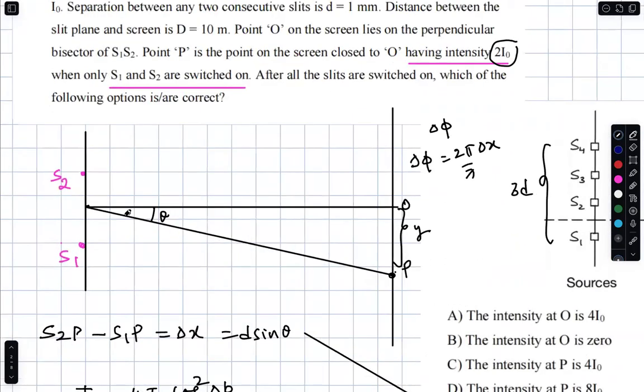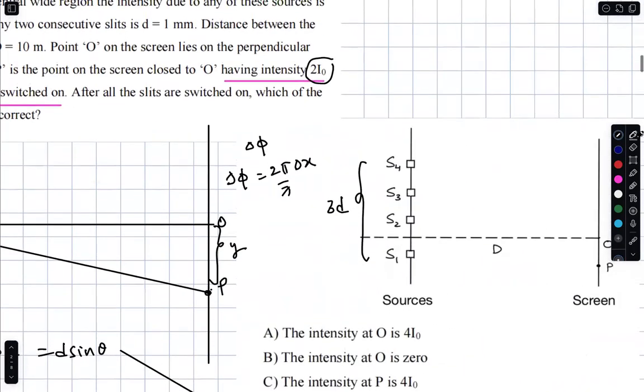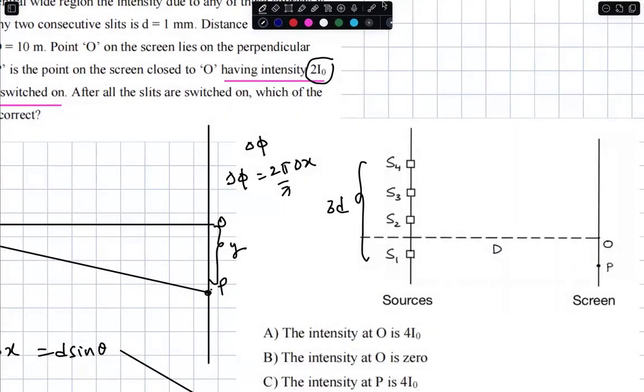Now, with respect to this point, when you are taking S1, S3, this is the midpoint, and this is d by 2 already, and this is y.